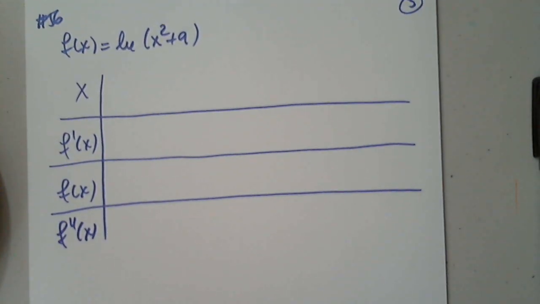So what is the first step? We're asked to graph this function, and the first step would be to always determine the domain. Excellent.